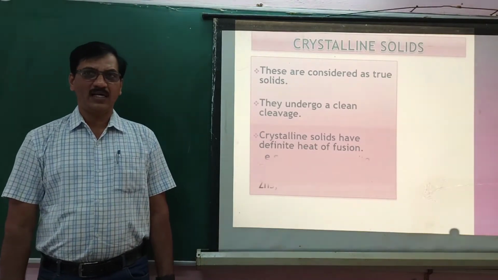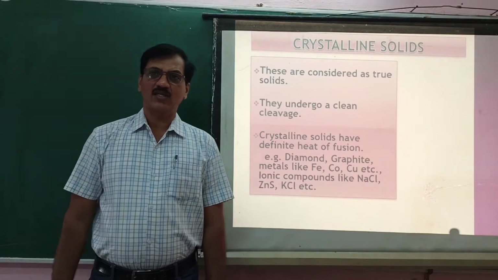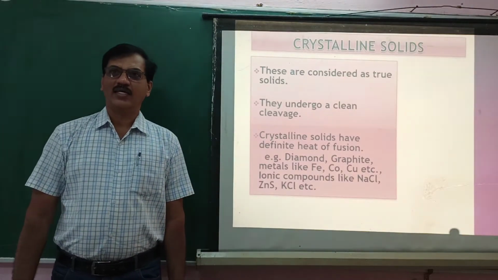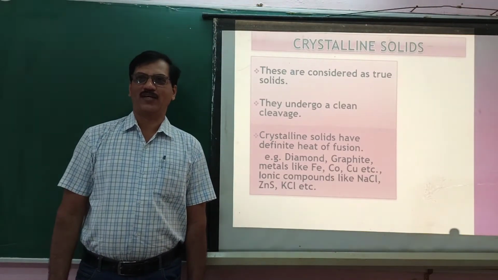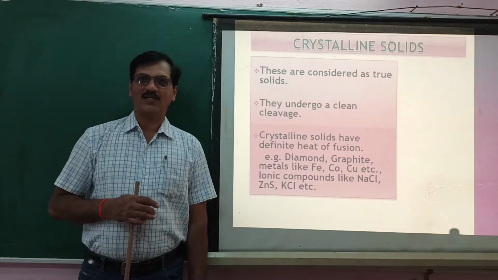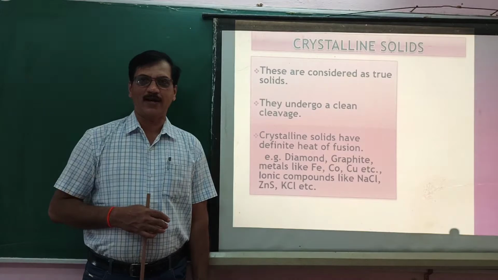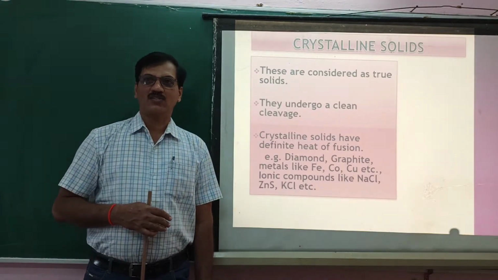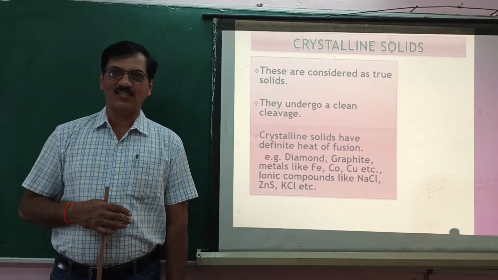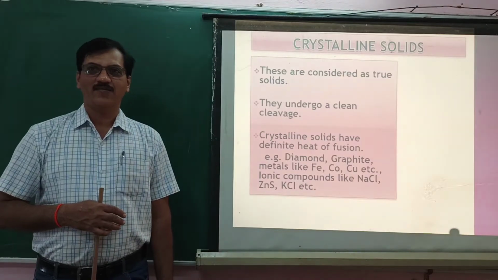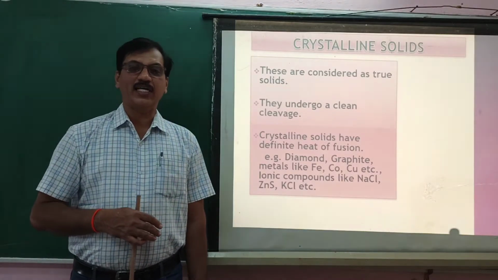This is what is meant by clean cleavage. Crystalline solids have definite heat of fusion. Examples are diamond, graphite, metals like iron, cobalt, copper, and ionic compounds like NaCl, ZnS and KCl. They have a definite heat of fusion.